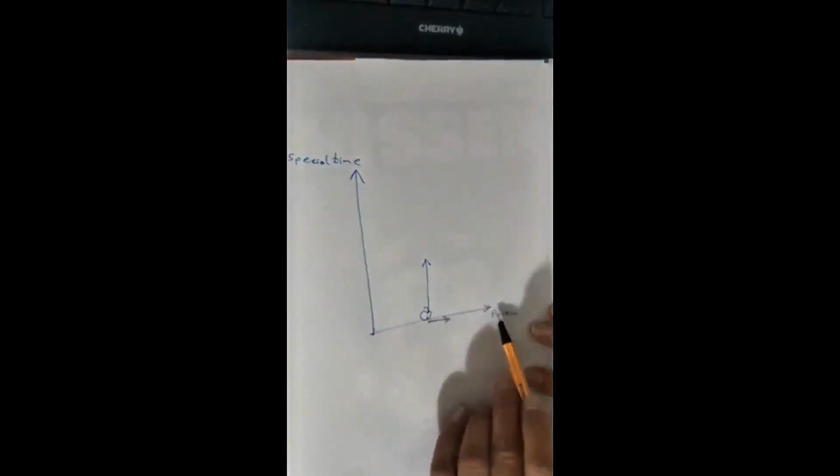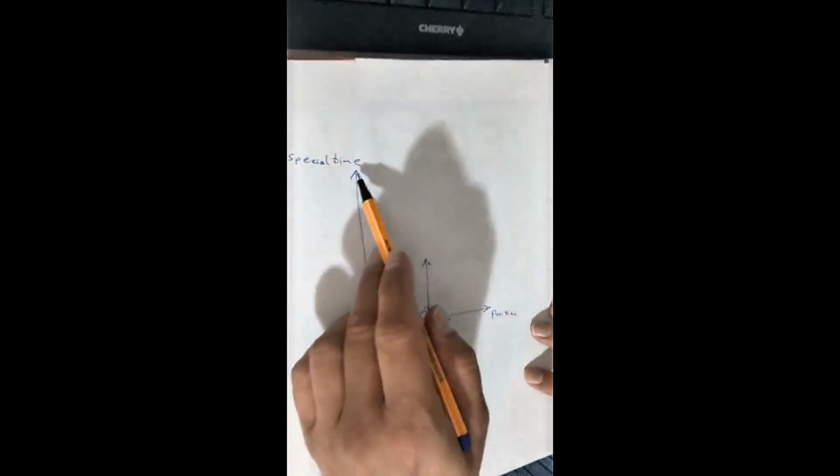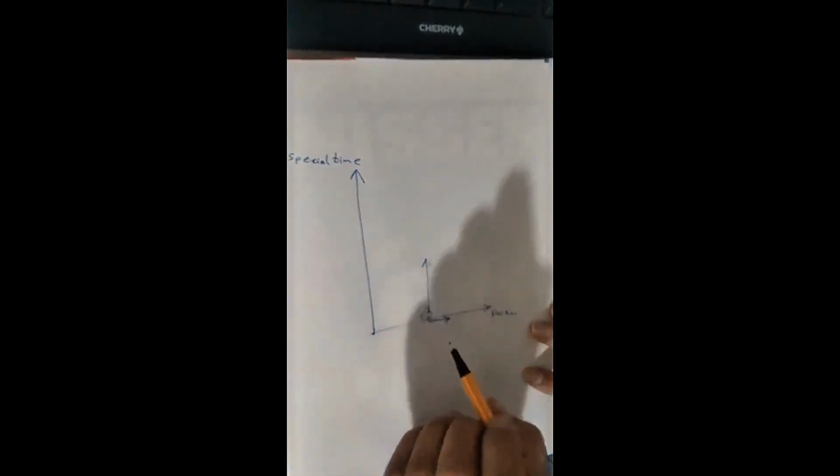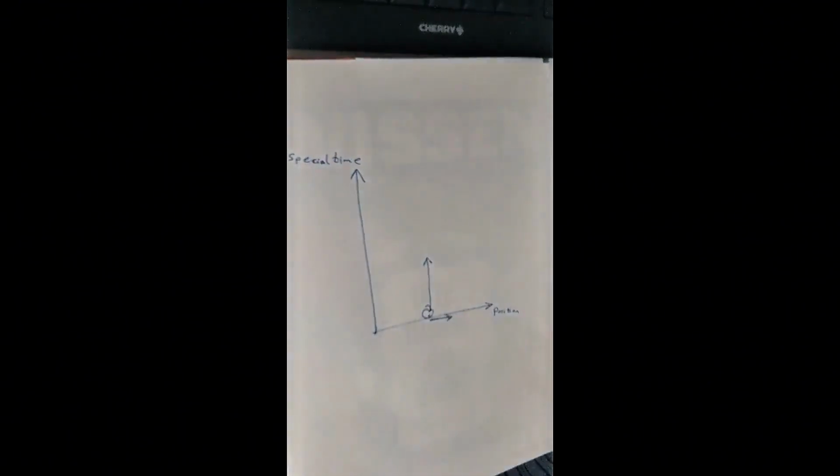Okay, so when the position is fixed, it is moving in time. According to relativity, it is moving with the speed of light in time. So all of the fixed things in the universe are moving with the speed equivalent to speed of light in time. But so the time that is passing for you has this speed.